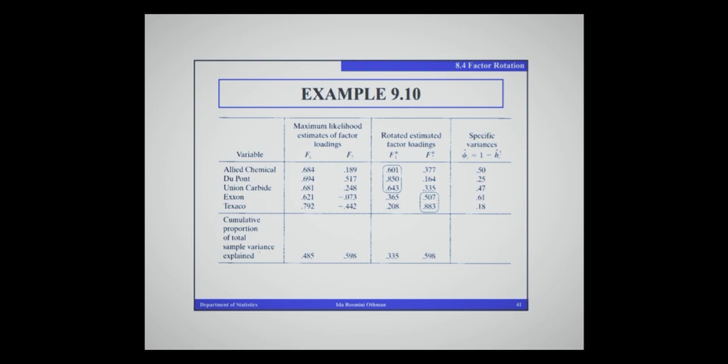It's not easy for us to group the variables according to which factor. So when we do the rotation, it's very clear. 0.6, 0.8, 0.6 can be grouped as one factor. 0.5 and 0.8 can be grouped in one factor. So we have two factors, and from this we can name the factors that we developed.